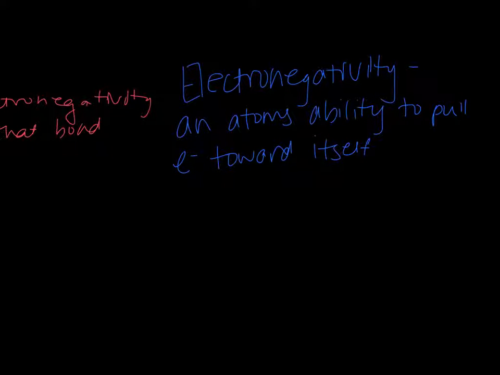And electronegativity can be predicted by the periodic table most of the time, and it increases to the right and up, and we do not consider the noble gases for that. So it increases this way.